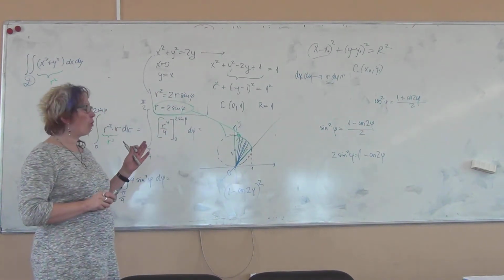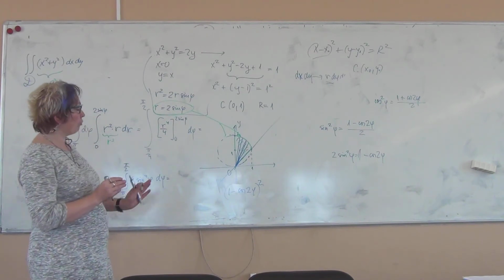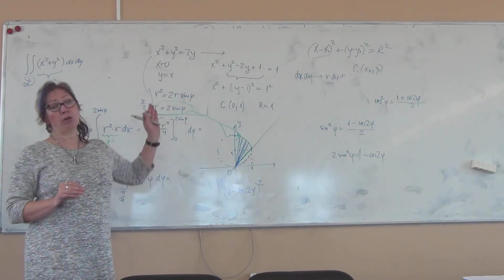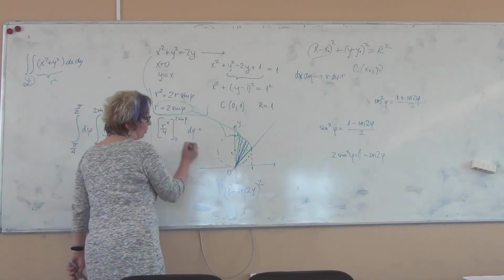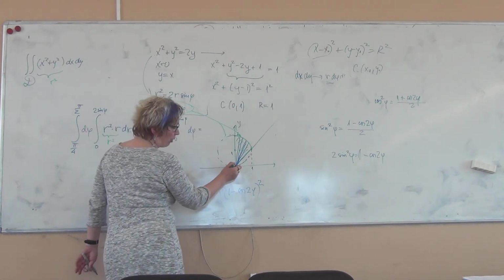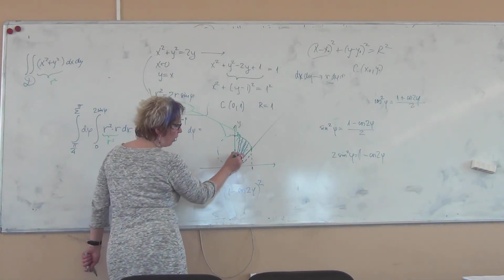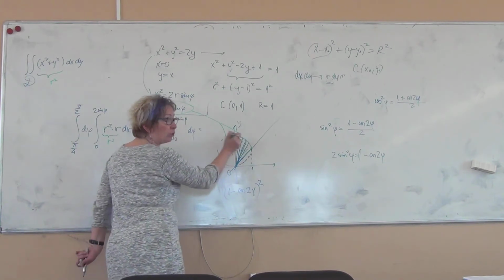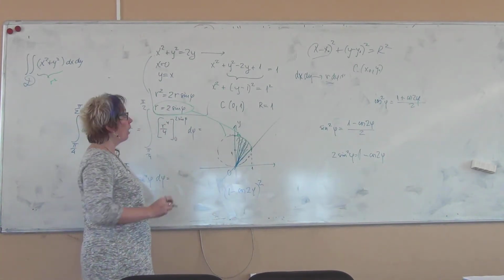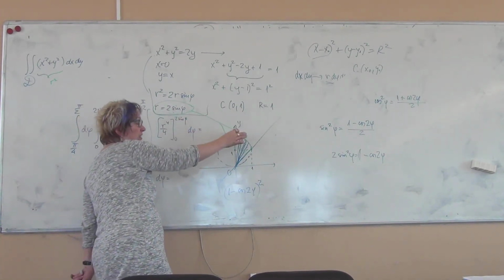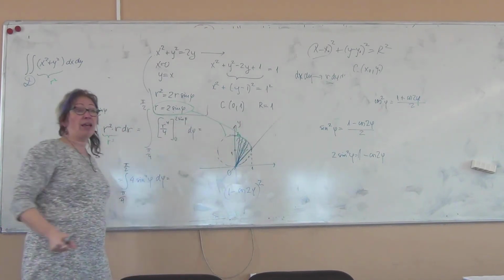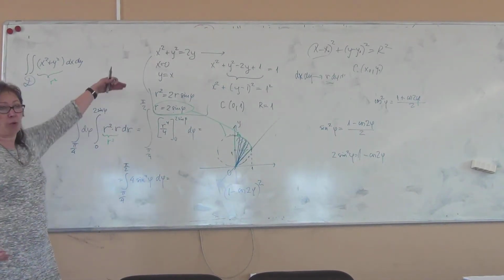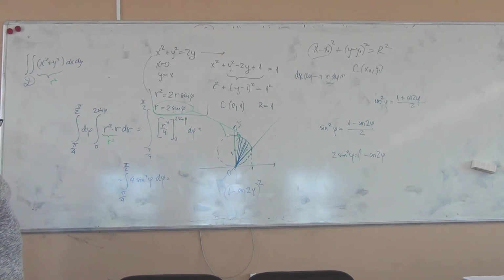So if we want to go through the whole region, the least value of r is 0, and then when we increase r, how far can we go? Only to this curve. That's why we use the equation of that curve as the endpoint, as the stopper, if you like. But then, isn't it 2? Oh, no.